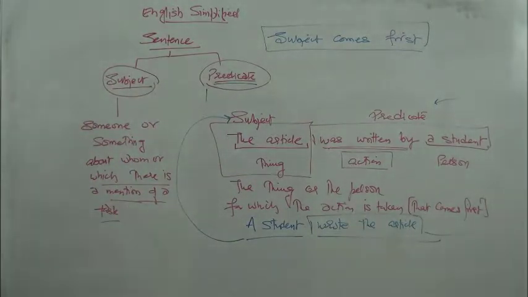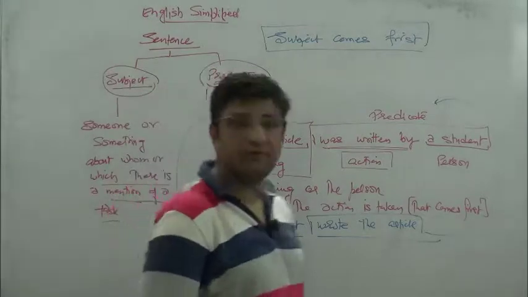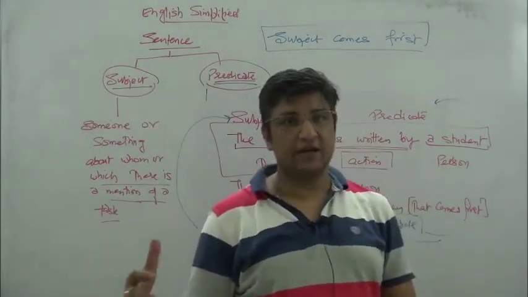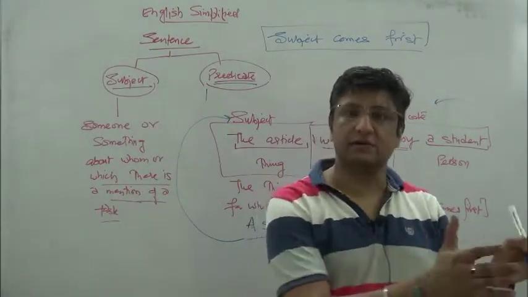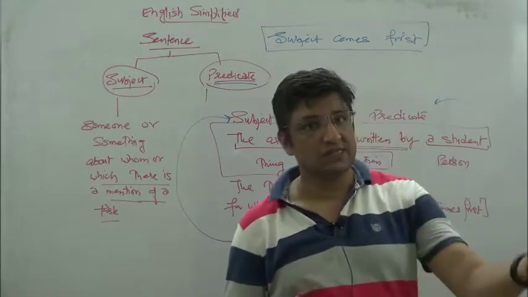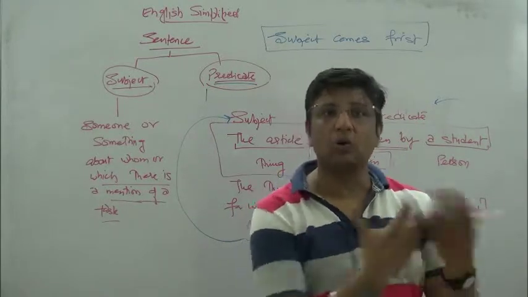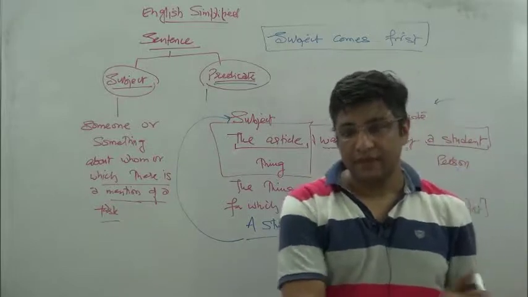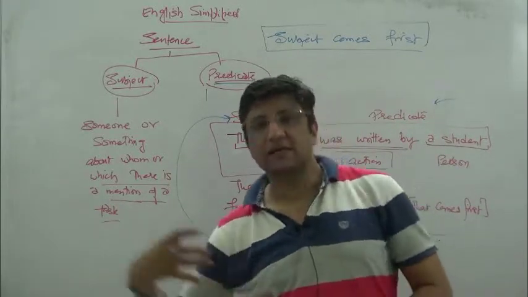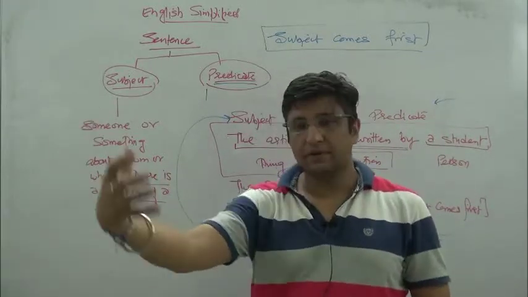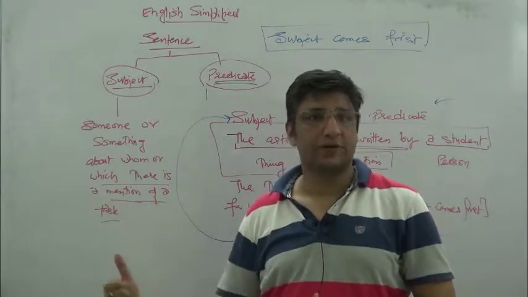Is it okay? So what we have said here so far is that a sentence would have normally two parts. One is a subject that refers to a person or a thing about whom something is referred, and a predicate, what is referred about that person or the thing. Looks okay so far? Yeah.